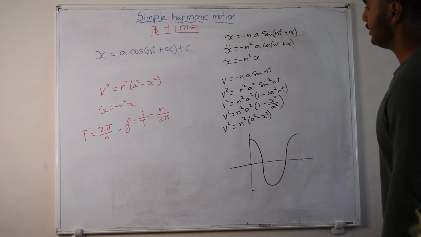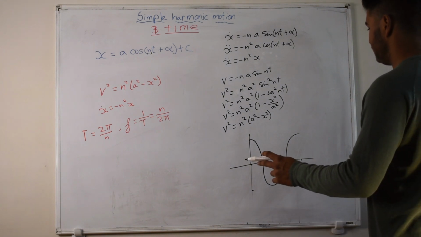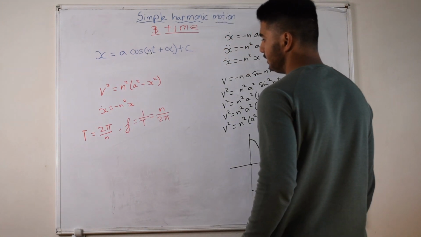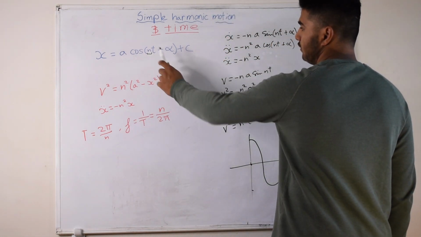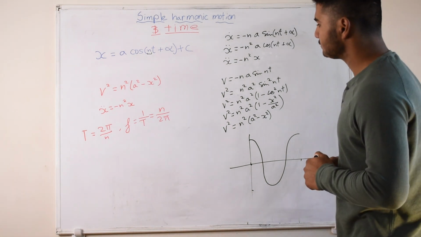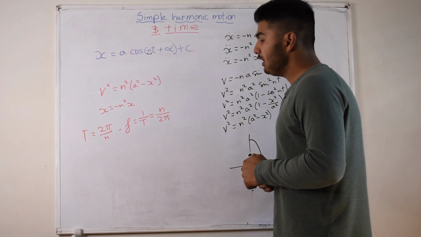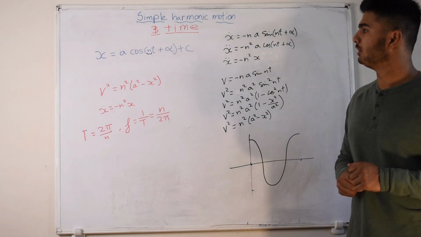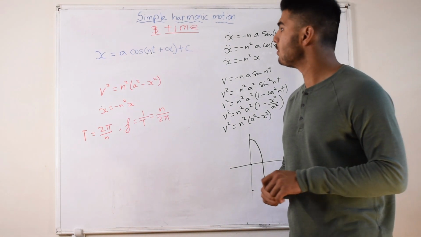It determines, and then the frequency is just 1 upon T, as we mentioned over here. So just a little basic understanding of the formulas. Now let's go on to the first example.